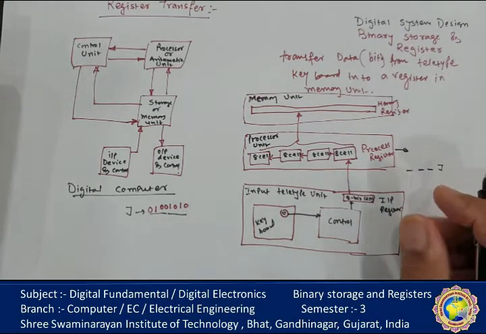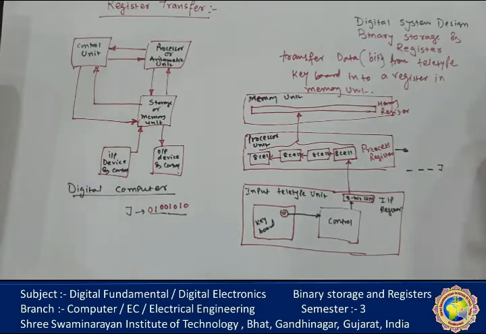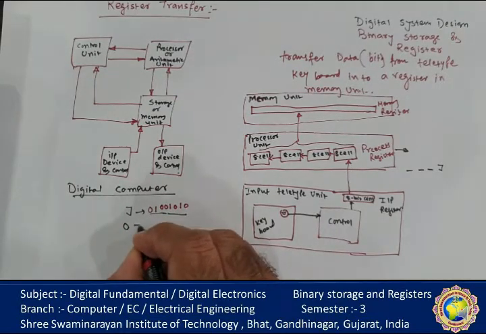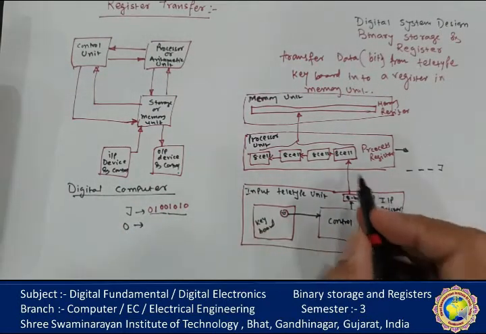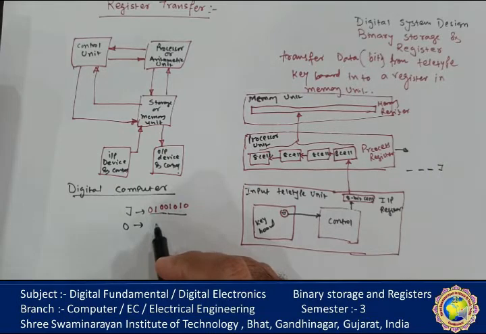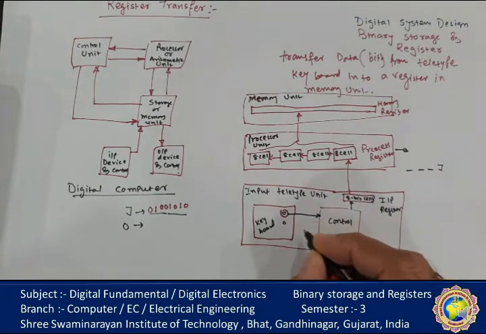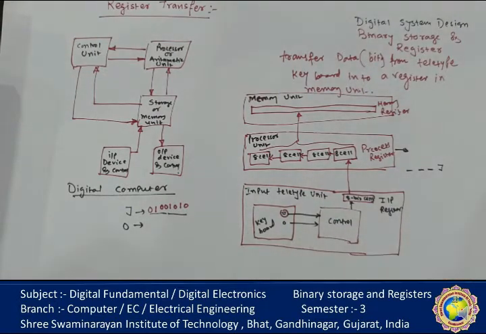Now the second key pressed by the user is O, as in John. When O is pressed, its ASCII code is transferred to the control unit.